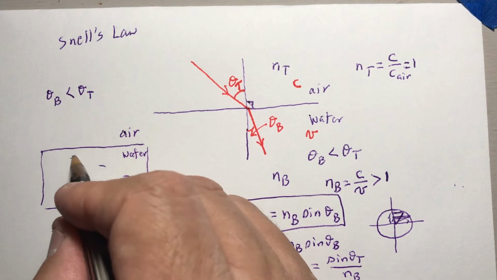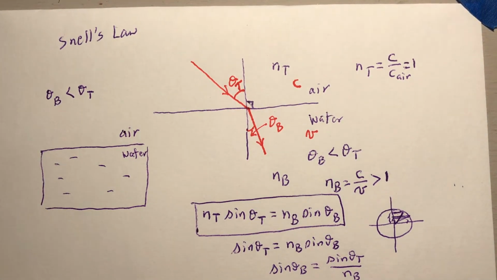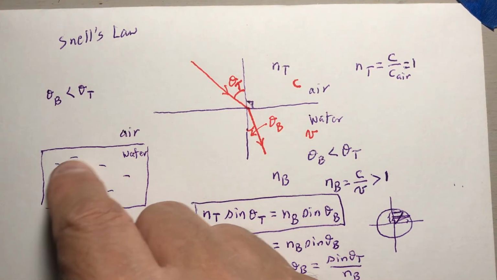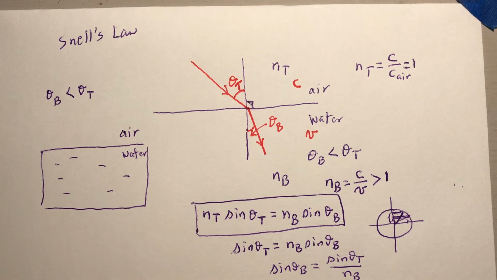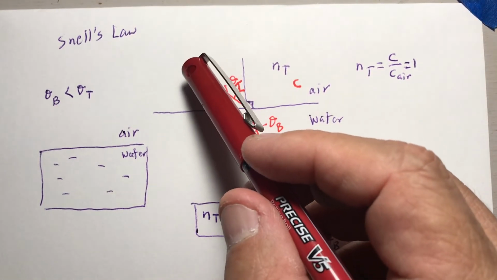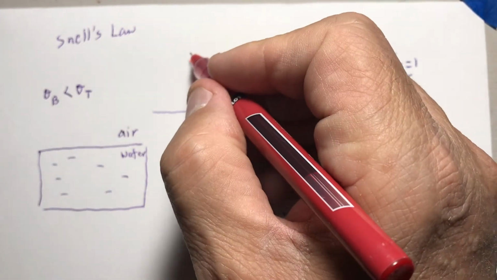So this is the water. Now, we're going to apply Snell's law to this system. Remember here in this example, the light was coming from the top, from the sun. Here is the sun here.